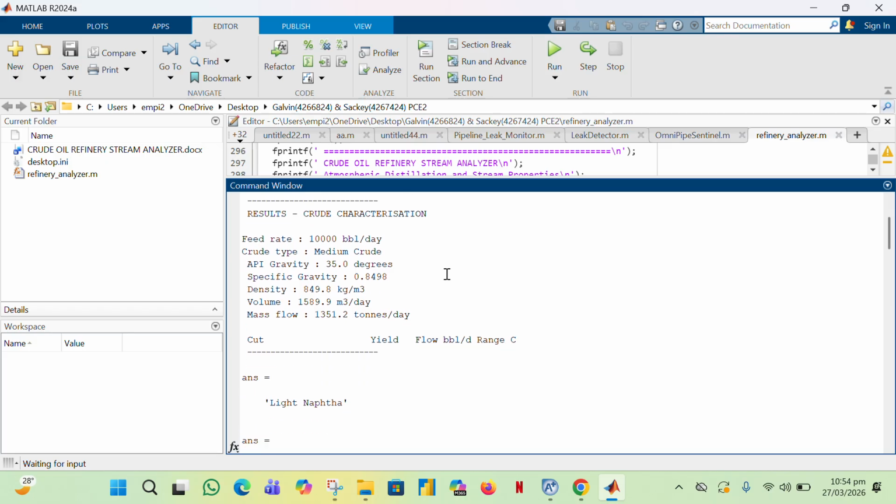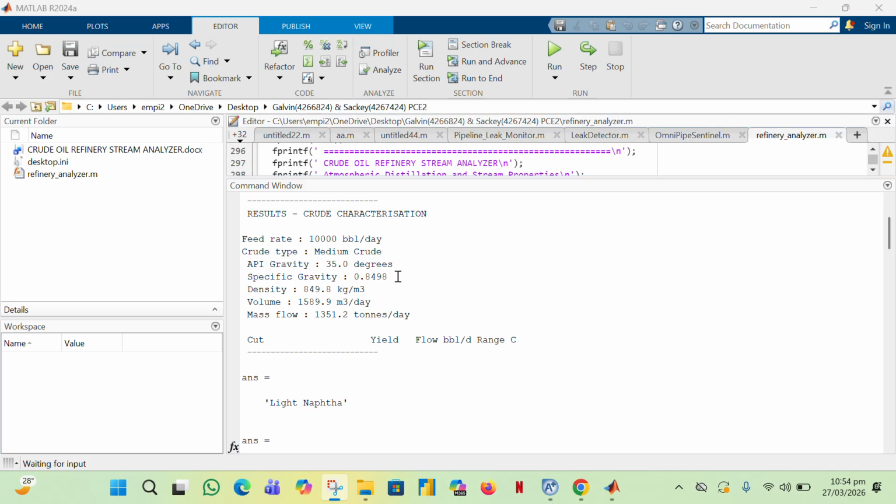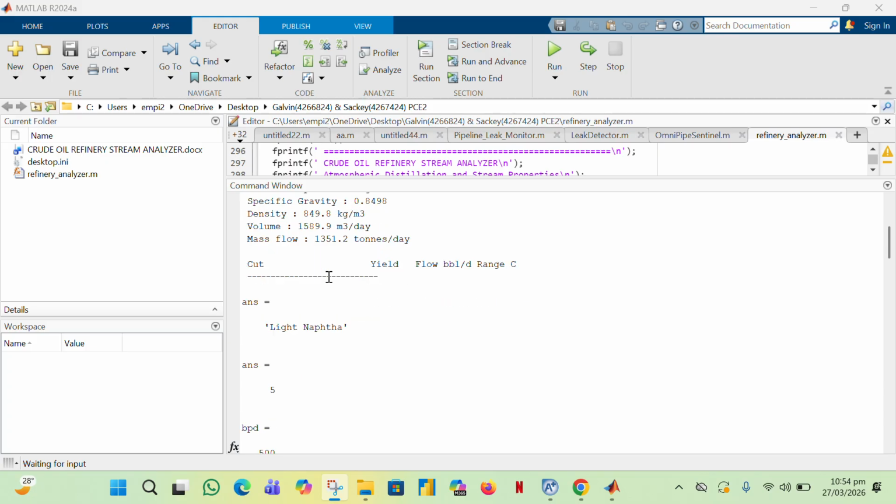So here's the result for the crude characterization. From those 2 inputs, it gives us our feed rates, our crude type, which is medium crude. From the ranges I told you, it is matching perfectly. The API gravity, which we inputted, the specific gravity, your density, your volume, your mass flow.